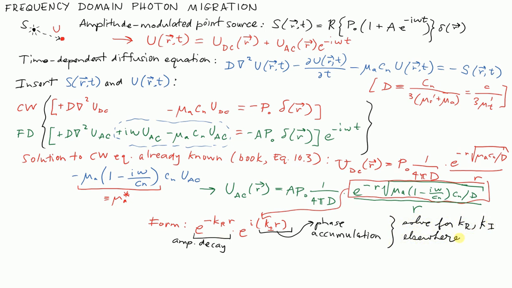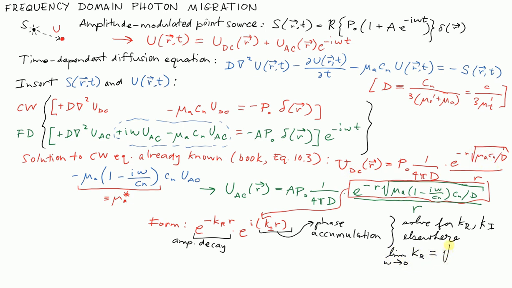But we have some logic on the limits here, because we know that if we oscillate the point source very, very slowly, or essentially not at all, if you oscillate it once per millennium, you should recover the DC results. So that means that the limit as omega goes to 0 of Kr should equal what we had up in the exponent for the DC term.